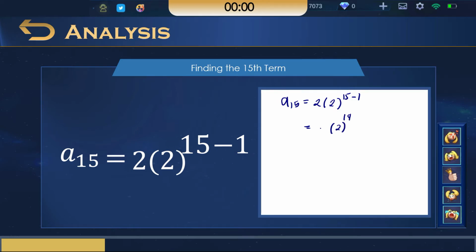So we have now 2 raised to 14 times 2. 2 raised to 14 is equivalent to 16,384. Then we multiply it by 2, and we have 32,768. And that would be our a sub 15.